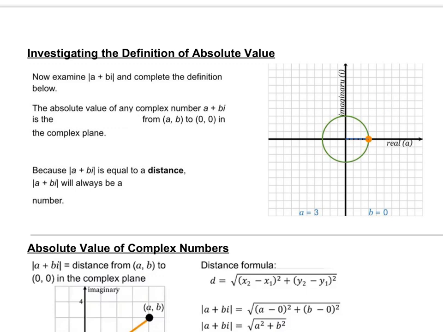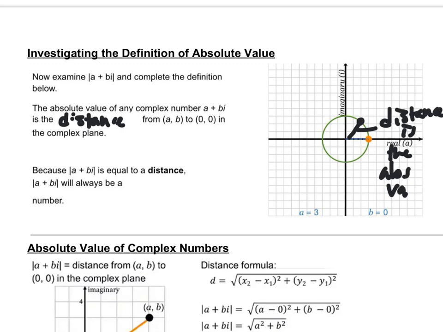The absolute value of any complex number, a plus bi, is the distance from that point, some point here, to the origin. That distance is the absolute value, and since it's a distance, it will always be a positive number.